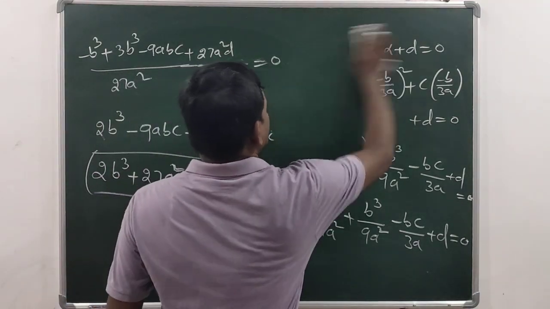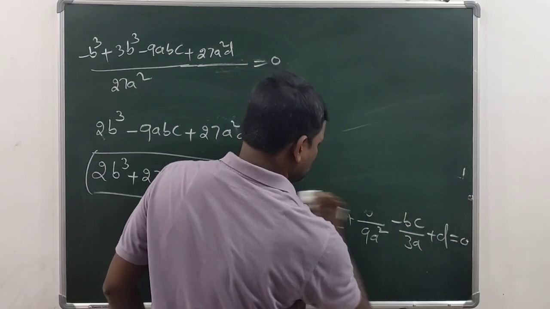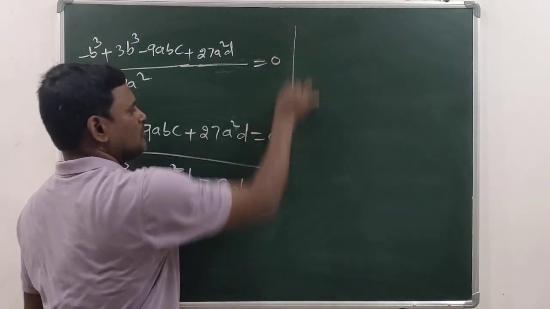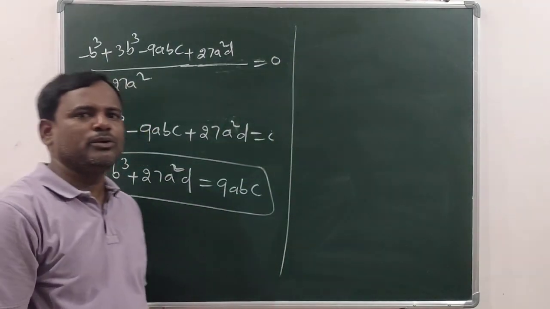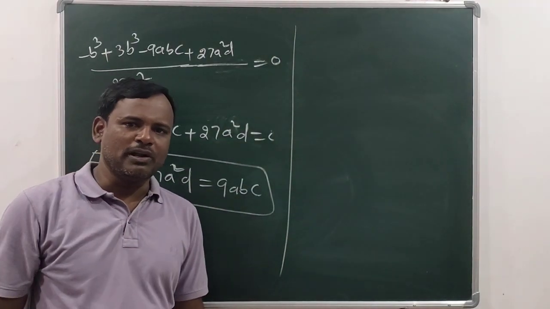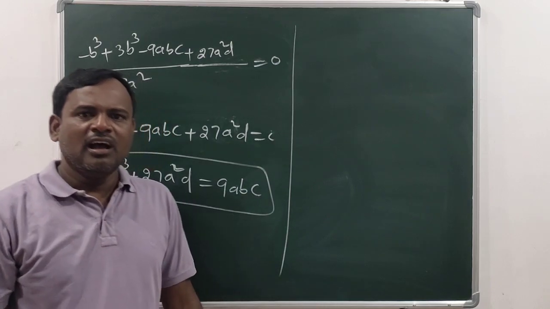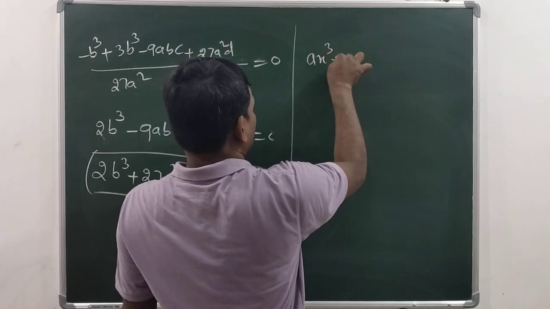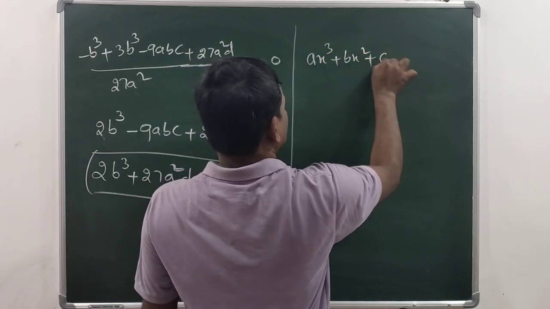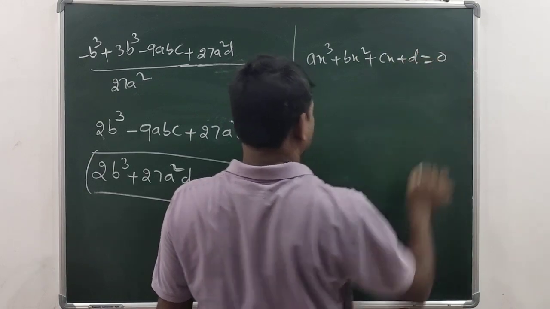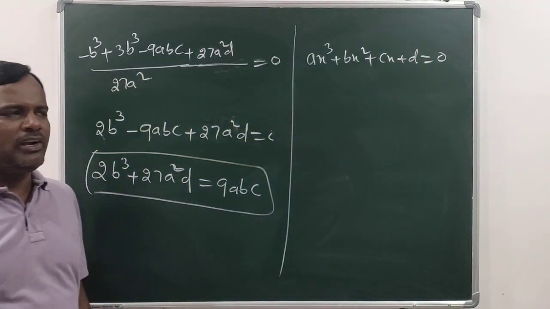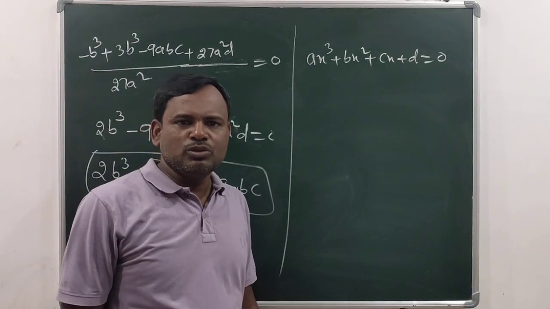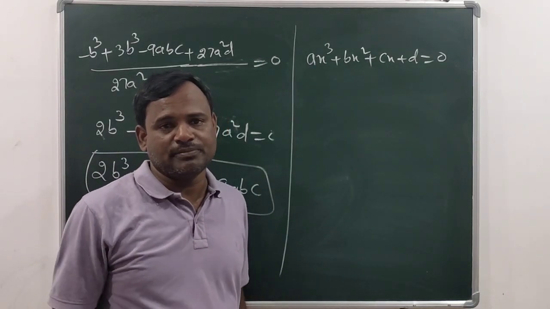Next, let us learn if the roots of the cubic equation are in harmonic progression. Next I am going to write the condition for the cubic polynomial if whose roots are in harmonic progression. So see here, ax cube plus bx square plus cx plus d equal to 0 is the given cubic polynomial equation, whose roots are in harmonic progression.